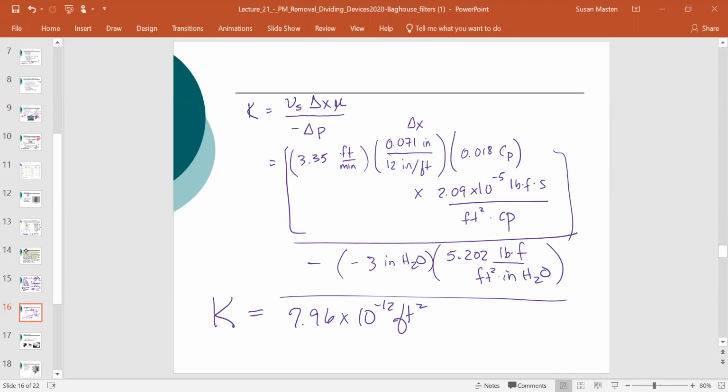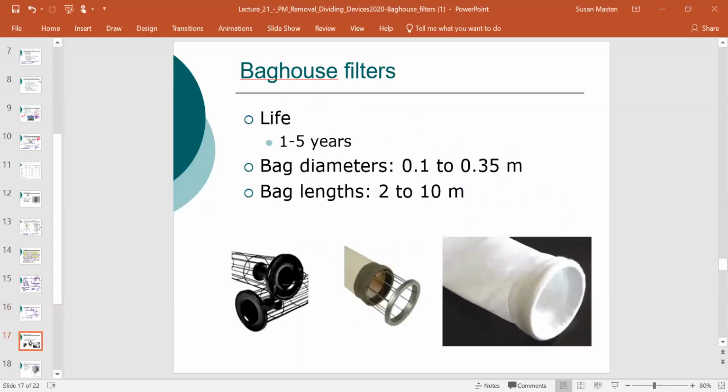So typically you're going to see permeabilities that are extremely small. Much smaller than, for instance, what you would see even in a groundwater system. The life of these baghouse filters typically ranges from about 1 to 5 years.